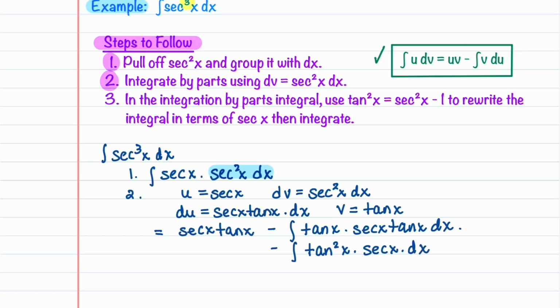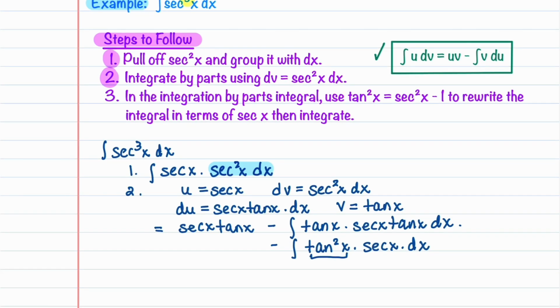Now we have to think about what to do. The derivative of secant is secant tangent, so that's not going to help. The derivative of tangent is secant squared, so that's not going to help. So let's see, what else could we do? We could change our tangent squared right here into secant squared. What would that give us? If we changed it into secant squared, we would get a secant cubed, and then we could combine that with our original integral.